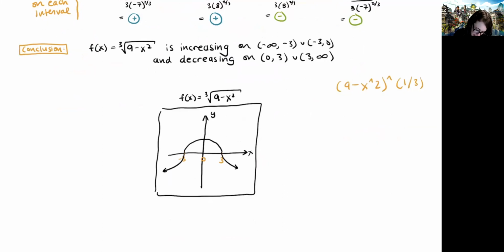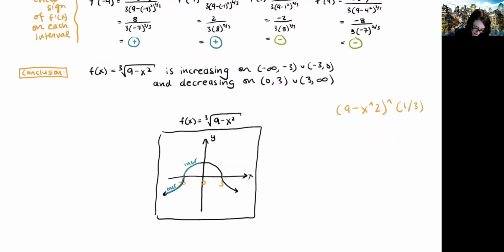We found that it was increasing from here to here. We've got a vertical tangent line at -3. It's increasing still from -3 to 0. Then it turns around and starts to decrease. At 3, we have undefined slope, a vertical tangent line again. But then after 3, it decreases again.